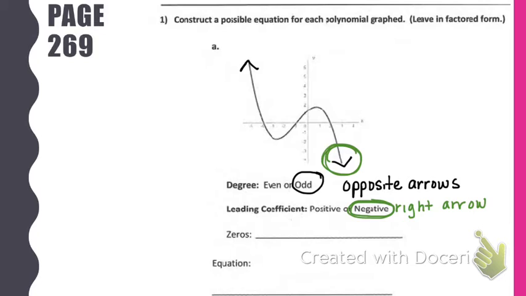The zeros are your x-intercepts, and you have 3. So let's write these as ordered pairs. Where are those 3 points that I just put on the graph? Those are your zeros.